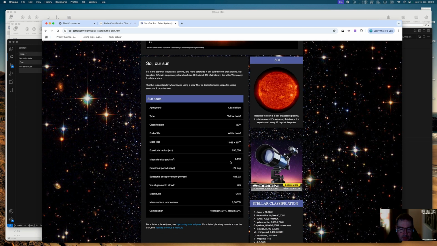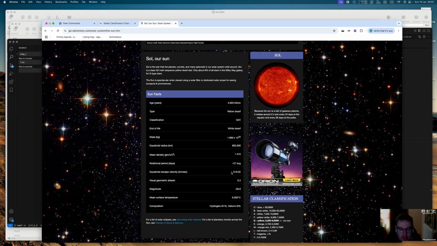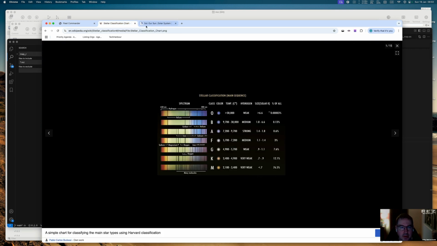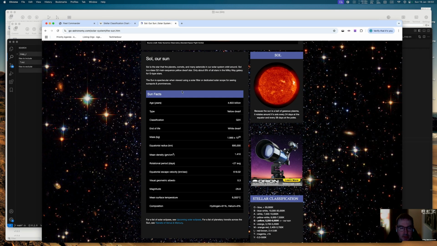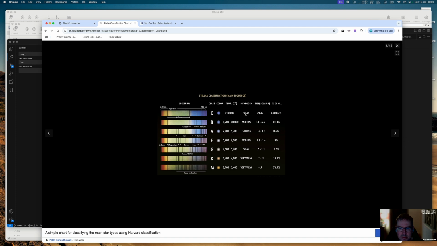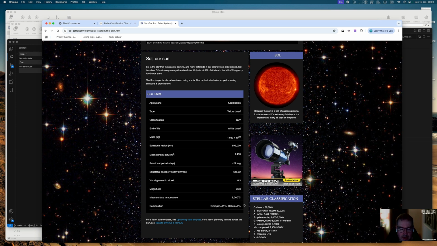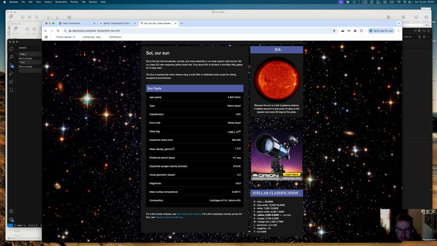It's going to turn to a white dwarf. Magnitude. Okay. There's helium, the hydrogen here. So hydrogen 91%. We're a G star, hydrogen weak. I don't know if that relates to this ratio between hydrogen and helium.